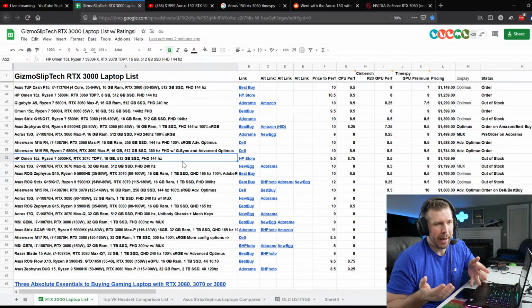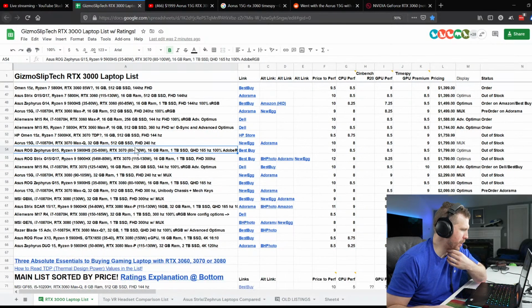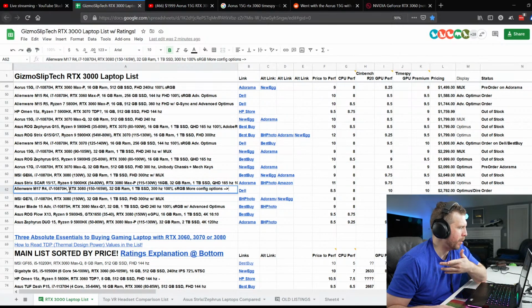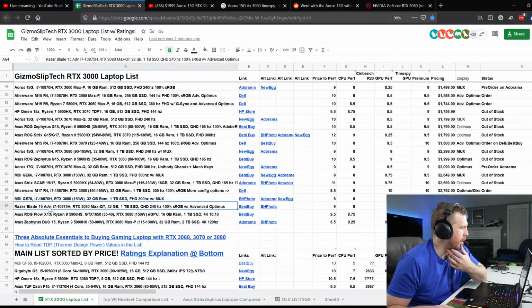Aaron, if you've got the highest possible budget, probably either the Alienware M17, but the Alienware M17 doesn't have Advanced Optimus. Only the M15 has that, so it's kind of a bummer. You've got the Razer Blade 15 with the QHD 240 hertz, a really nice screen with Advanced Optimus.